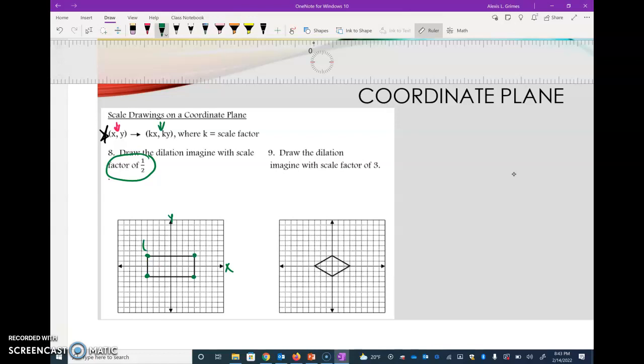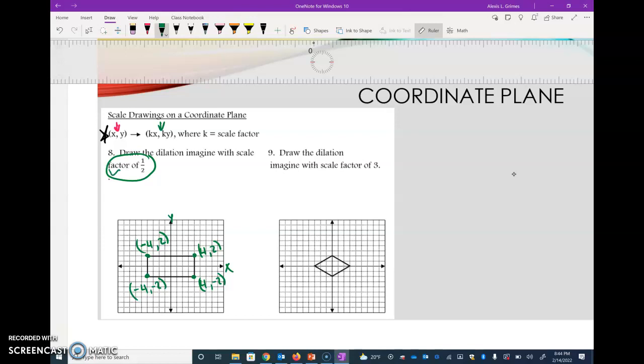So this one is 4, comma 2. But what am I forgetting there? I went 4 to the left, so -4, and then up 2. Then this one is 4, 2. We have 4, -2, and -4, -2. If you're confused on where those numbers come from, make sure you ask me.